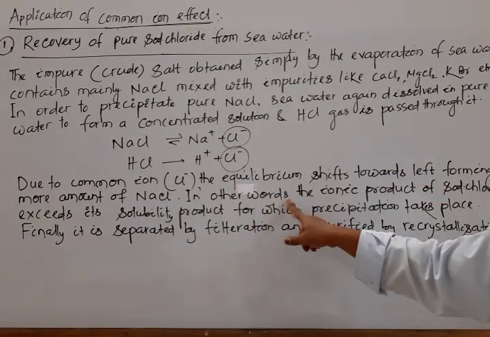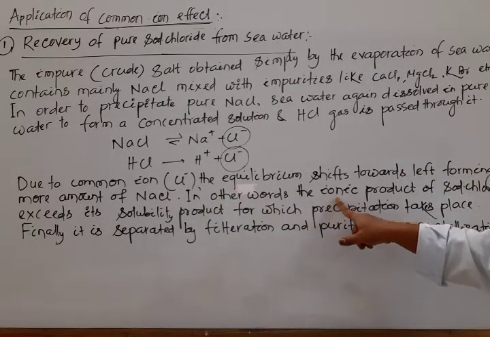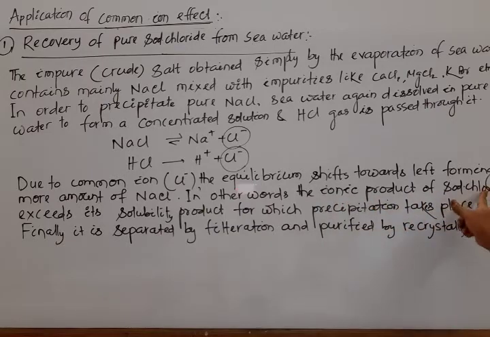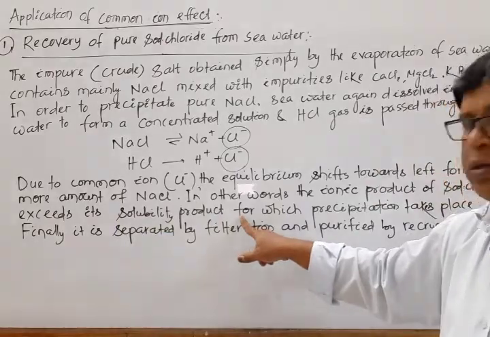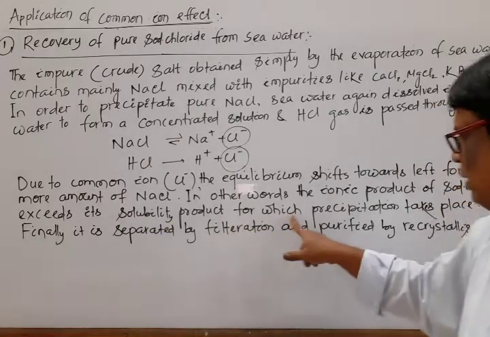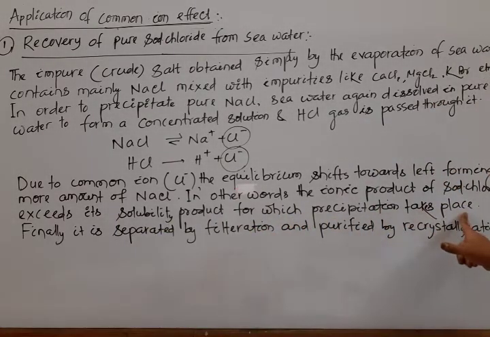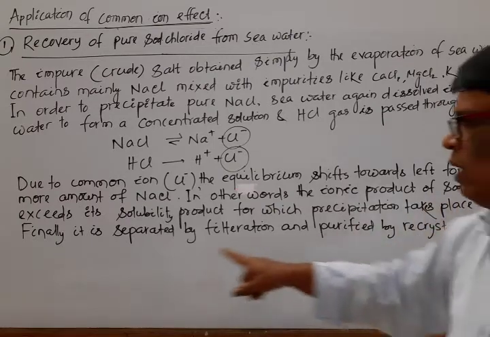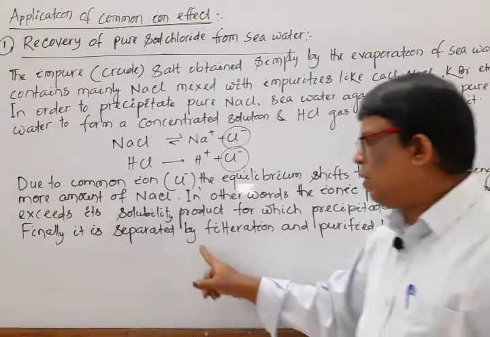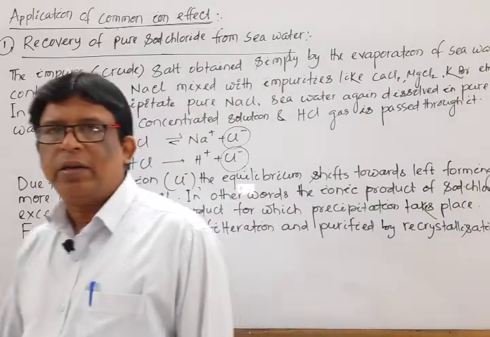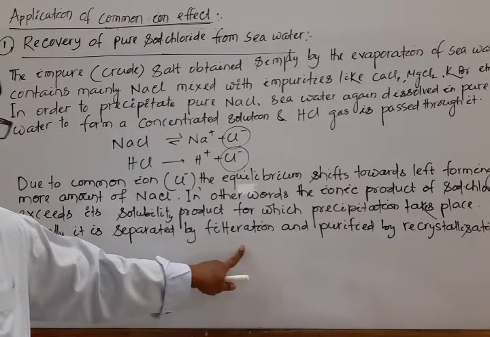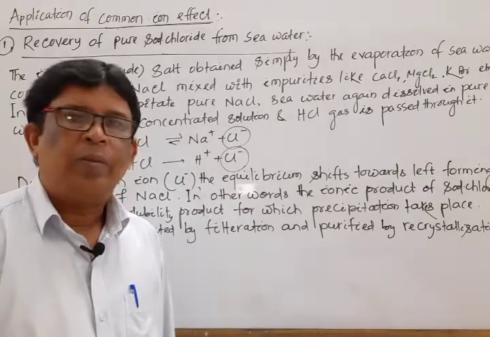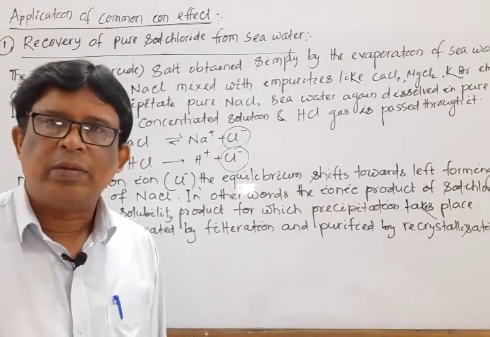In other words, according to this concept, the ionic product of sodium chloride exceeds its solubility product, for which precipitation takes place, and finally the precipitate is separated. It is separated by filtration and again purified by recrystallization.